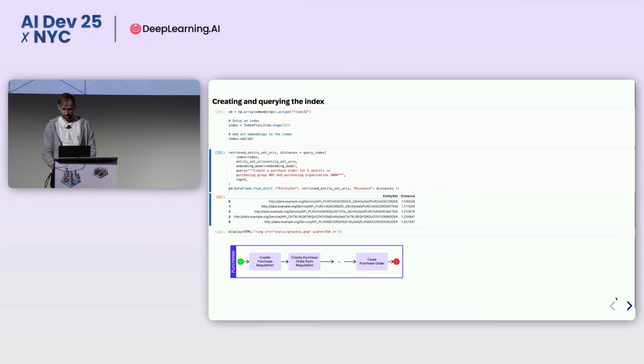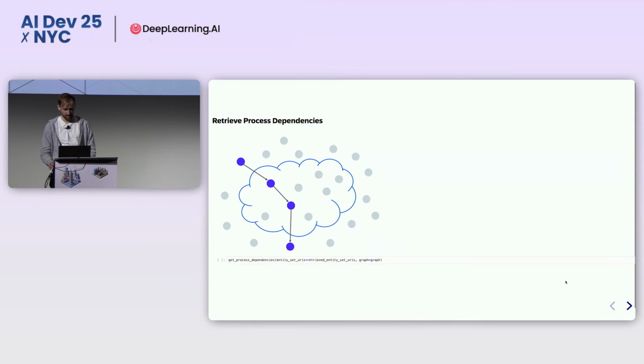And so now the question is, this is an illustration of what I just told you: these dots represent APIs. In our cloud here is what we found with our vector retrieval, and we may just hit parts of a business process, mainly the parts that the user asked about directly, but there may be other steps that are required. And that's also what we model in the knowledge graph.